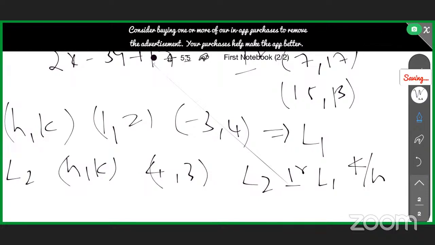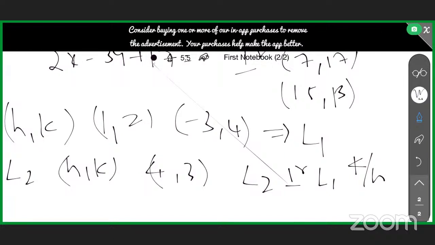H comma K is a common point for L1 and L2. Correct, no? What is the meaning of a common point for L1 and L2? The point is common for both the lines, what do you understand? It's a point of intersection.